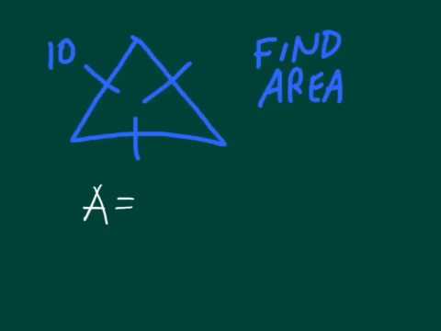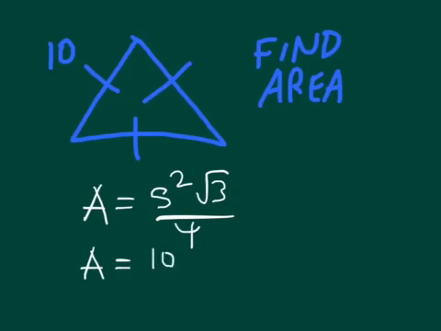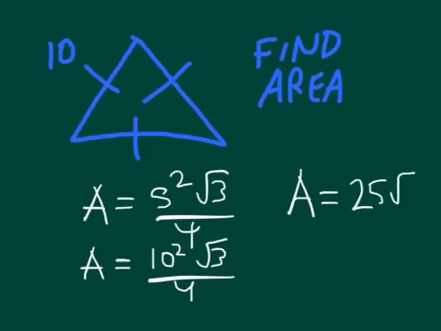The area in general is side squared √3 over 4. And then when I fill it in, it's 10 squared √3 over 4. So the area is 100 over 4, 25 √3, and that's in square units. So that's a quick, straightforward problem.